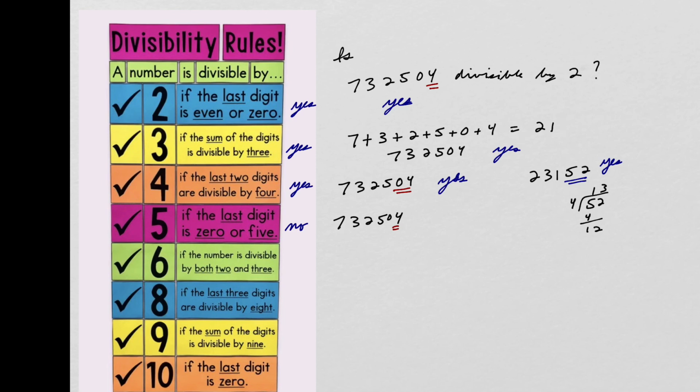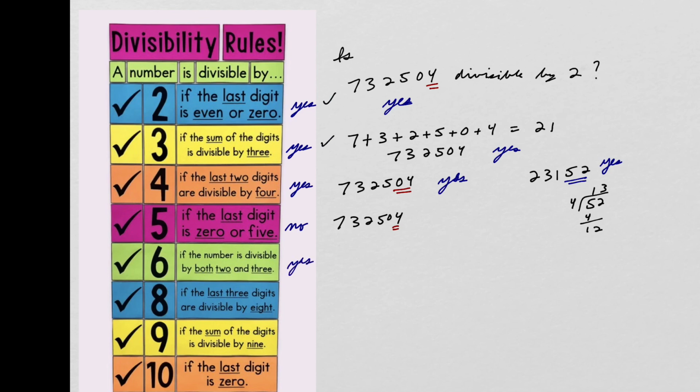Okay, 6. What's the rule for 6? I know a number is divisible by 6 if it's both divisible by 2 and 3. So in this case, is this large number, 732,504, divisible by 6? Well, it's divisible by 2 and 3, so the answer is yes.